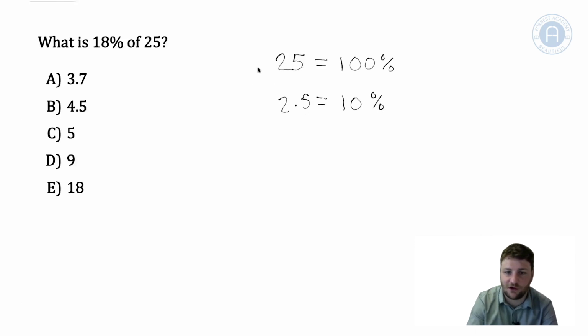I've divided both sides there by 10. We can get 5% by dividing by 2, which will give me 1.25. It's 5%.